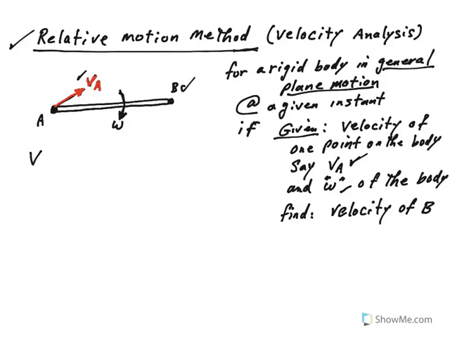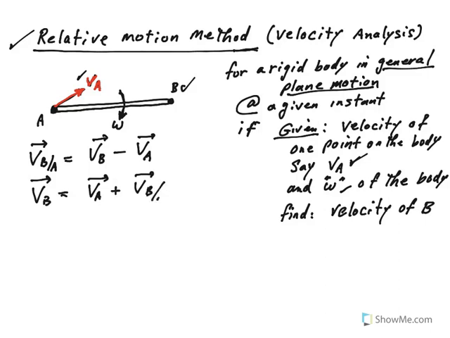Okay, if we start with the relative motion equation, which is, say, if you want to find velocity of B relative to A, by definition of relative velocity, that's VB minus VA. If you rearrange the equation and solve for velocity of B, then you would have VA plus VB slash A. Now, in this equation, this is actually the translation part of the motion, and this is the rotation part of the motion.